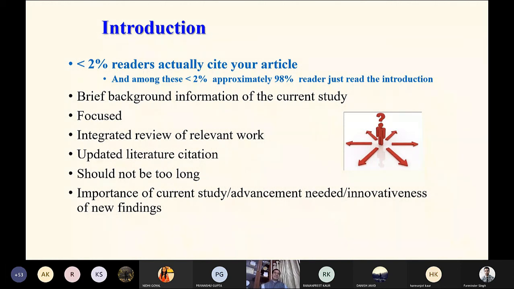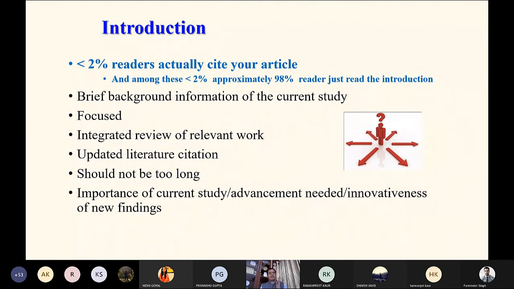So what exactly do we have to include when we develop the introduction section of the research paper? It must include the brief background information of the current study. It must be focused.